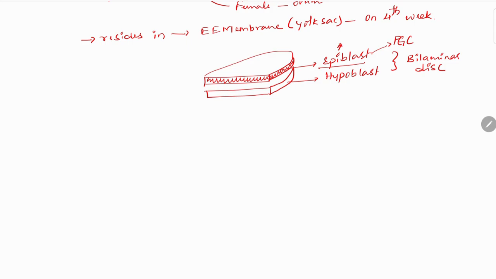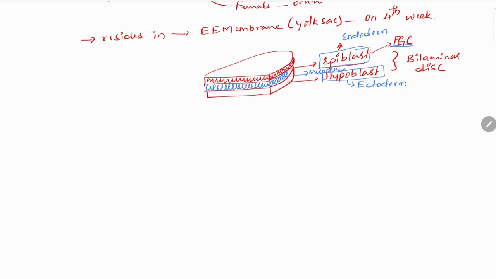Later, the mesoderm is going to come in this area. After mesoderm formation, the names change: the epiblast is called endoderm and the hypoblast is called ectoderm.